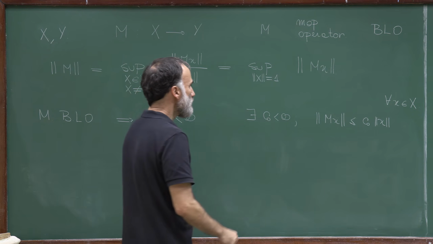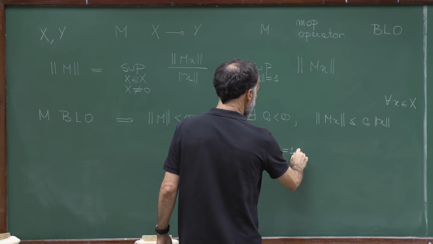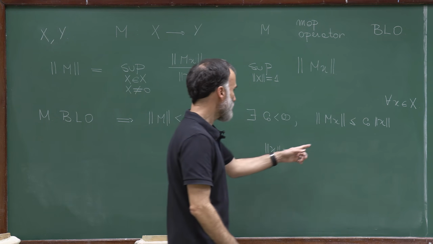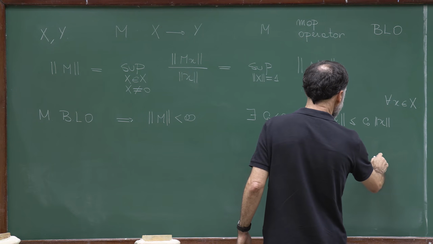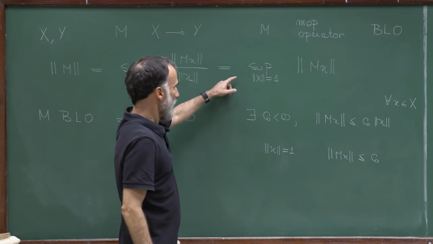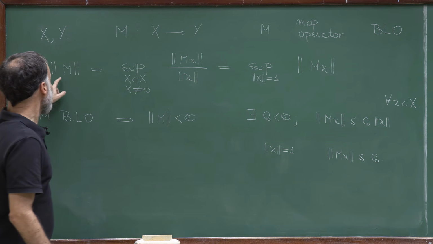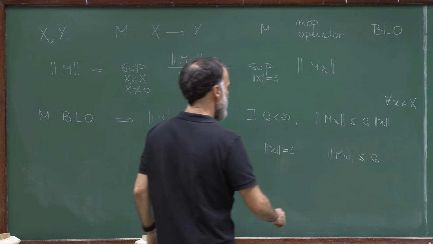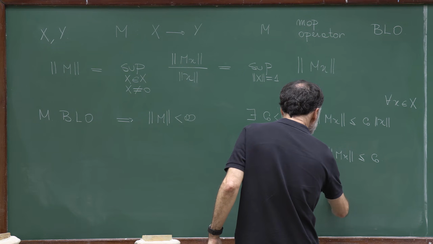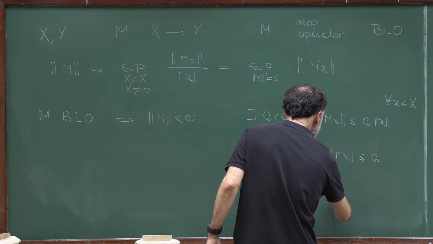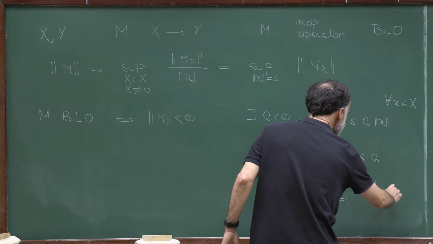And therefore, if I take an element with norm equal to 1, what I get from this inequality is that the norm of Mx is bounded by C0. And therefore, by taking the supremum over all such x, this is by definition the norm of M. So the norm of M, which is the supremum over all x of norm equal to 1 of the norm of Mx, is bounded by C0.